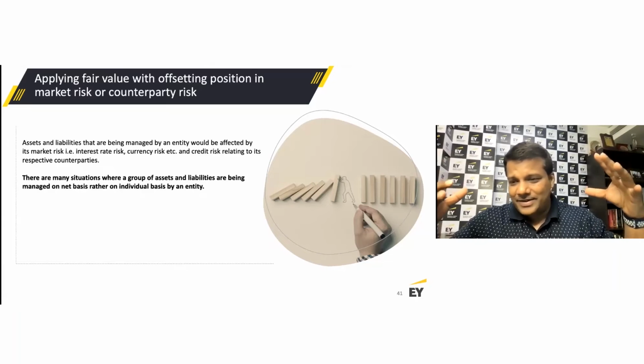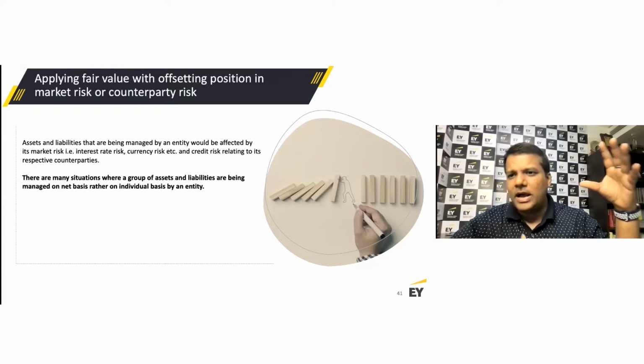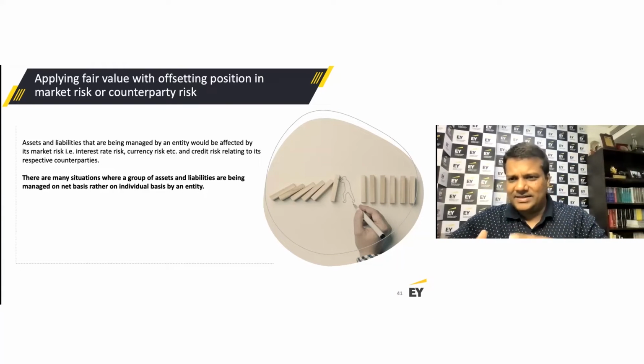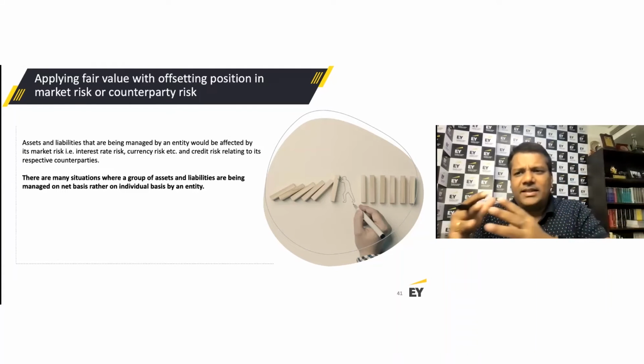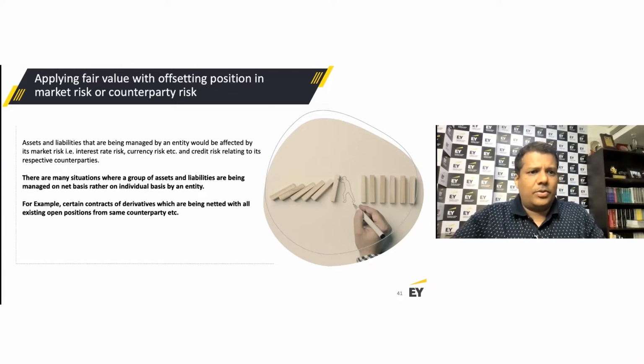Whether the interest rate will go up or down, that's an interest rate risk. Whether the currency exchange rate will change or not, that's an exchange rate risk. Whether the prices will go up or down, that's a price risk. Whether you're going to default or not, that's a credit risk. So you look at the financial risk and the non-financial risk, and from that perspective, how these assets or liabilities are being managed.